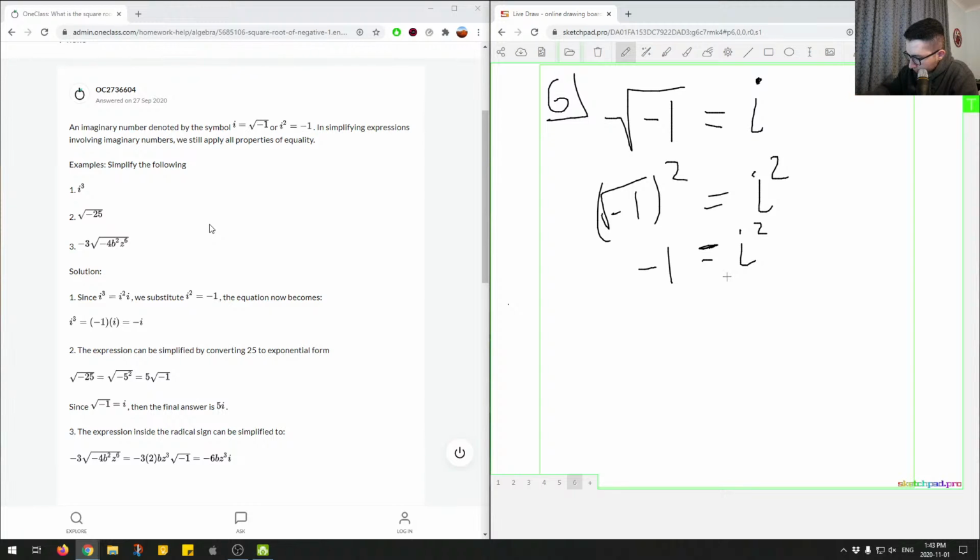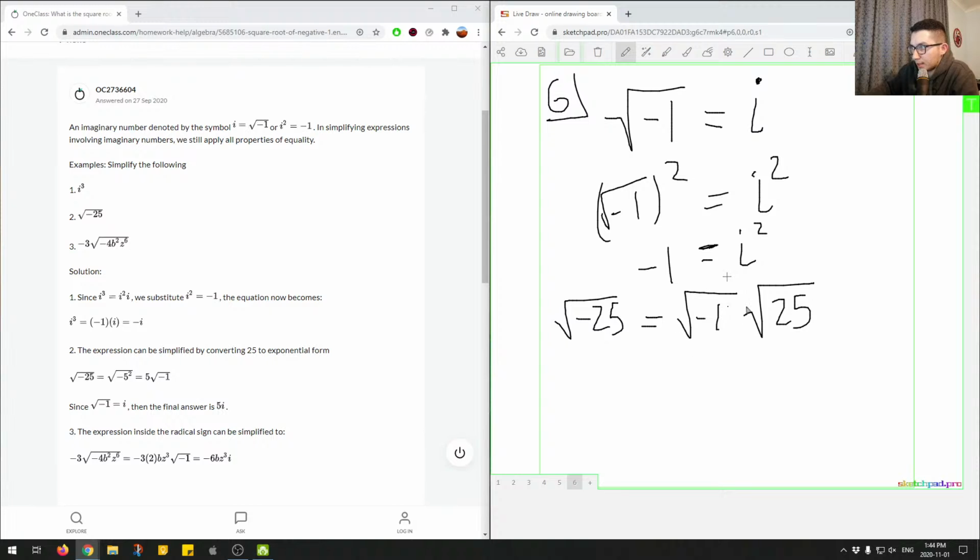For the square root of negative 25, we know that the square root of 25 is 5, so we can split this out. We have negative 1, the square root of negative 1, and the square root of 25.